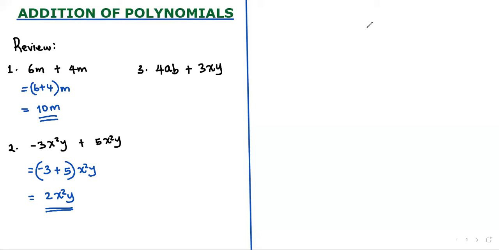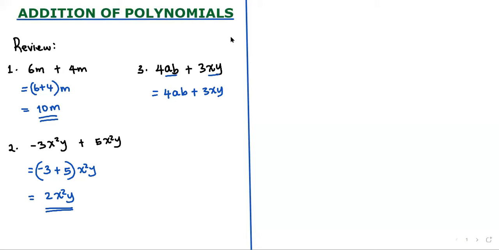So for this one, since the variables are not the same, we cannot get a monomial. Instead, we are going to leave it as a polynomial. So this will be the same as 4ab plus 3xy. We just leave it like that because the variables are not the same.